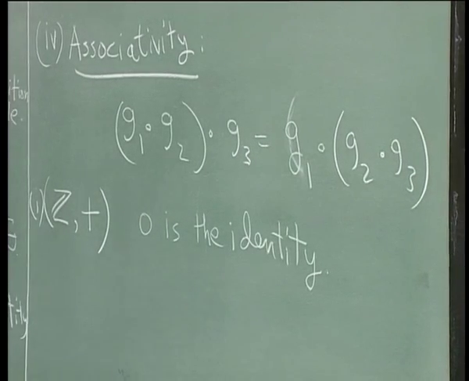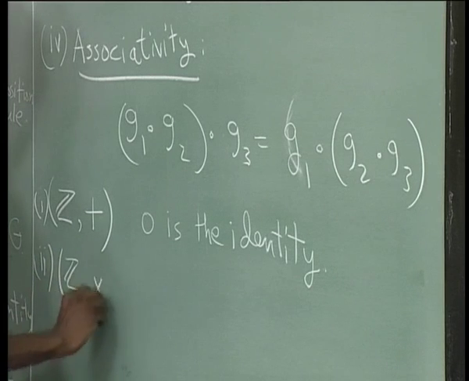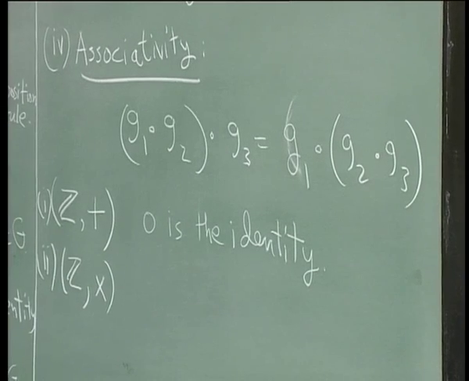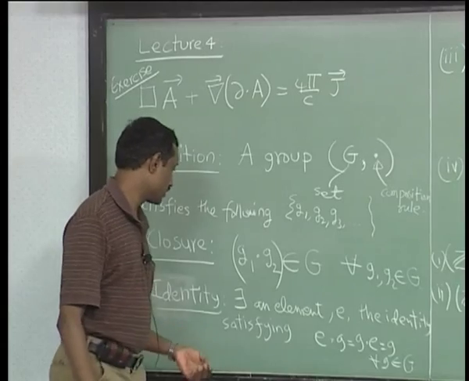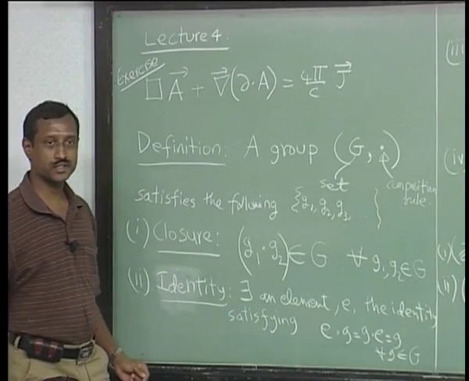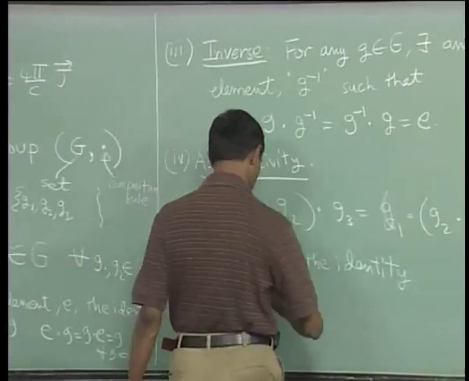But if you take the same set and change the operation into multiplication, you can check that closure works, identity also works, but one is the multiplicative identity, it is called.